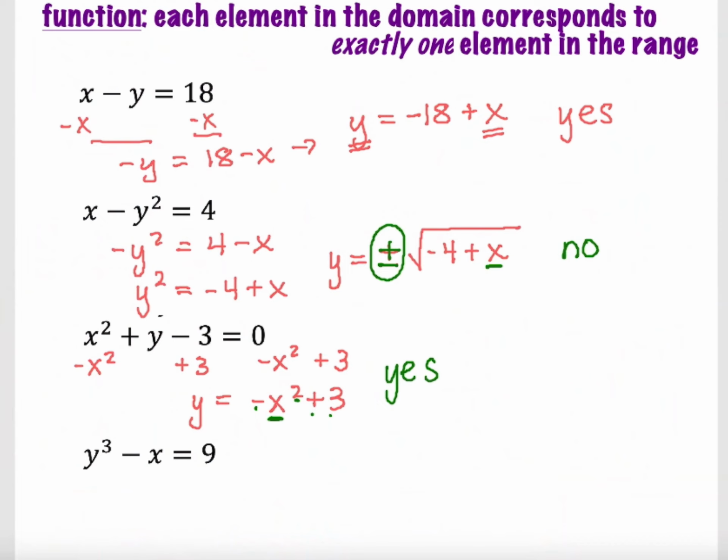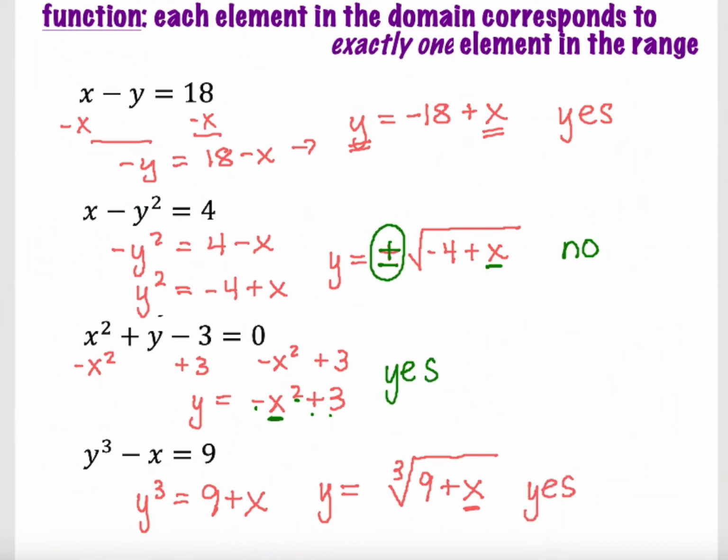How about this guy? Solving for the y, so we're going to add the x. Take a cube root. Do you need a plus or minus with a cube root? The answer is no, only for even roots. So since we didn't do an even root, this would just be a cube root of 9 plus x, meaning that each x value is only going to give us one y value, and that is a function.